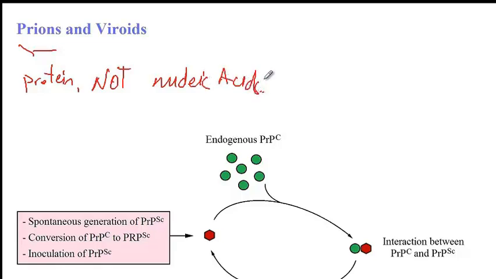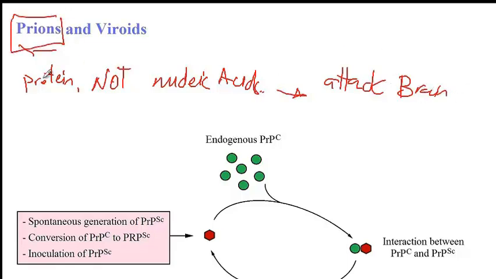Okay, so unlike viruses, prokaryotes, and viroids, prions are the only example here that does not have any nucleic acid material. And you might have heard of mad cow disease. Basically prions attack the brain, and that's where mad cow disease has come from. It's from prions, which are infectious proteins.